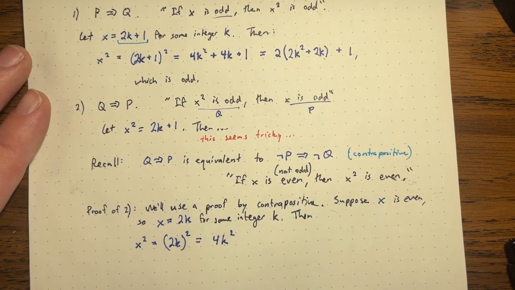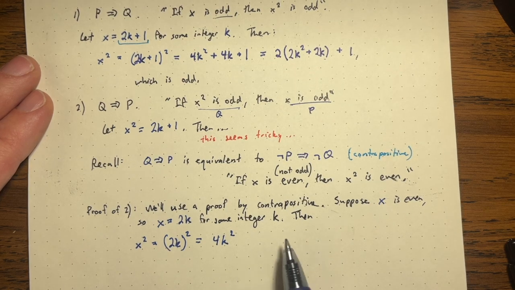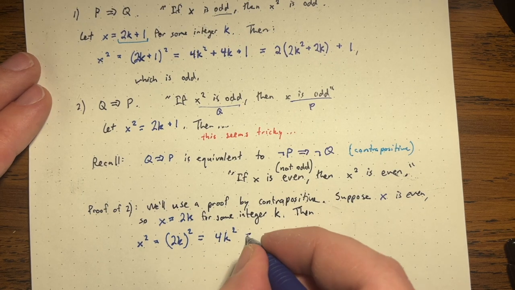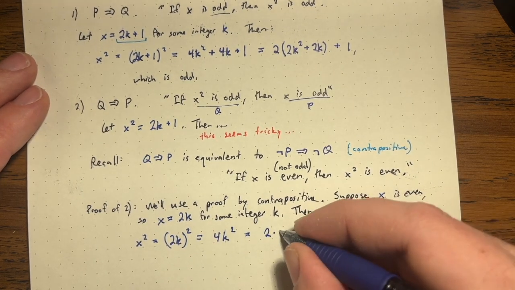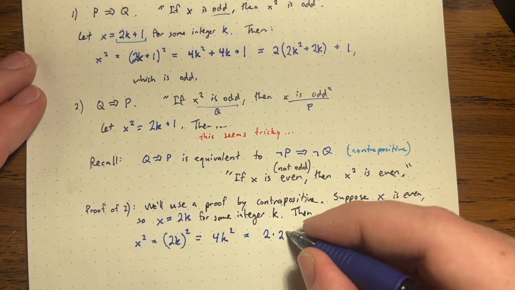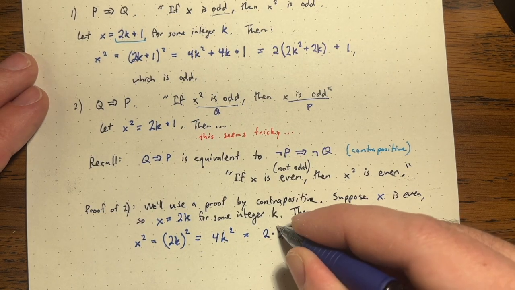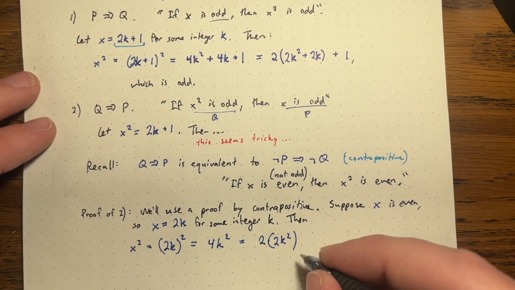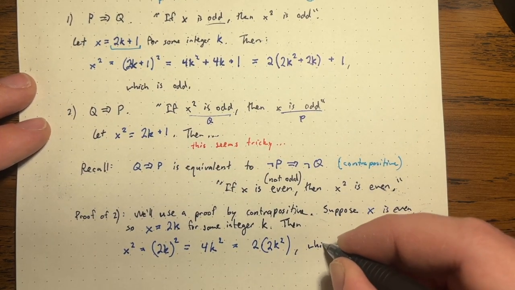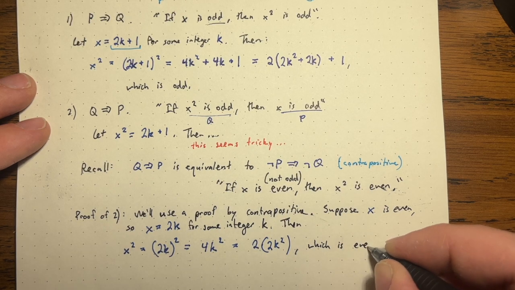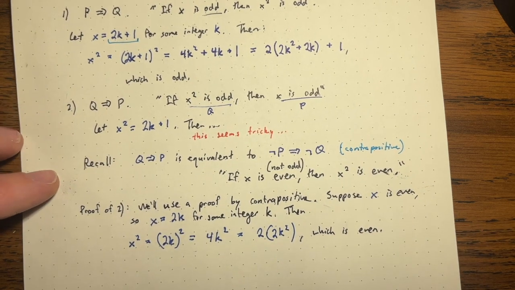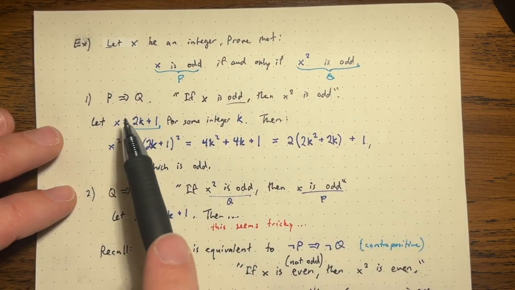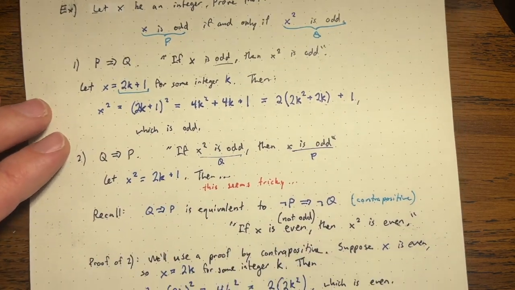Now I want to show that this thing is even. Well, that is 2 times an integer. Better yet, it's 4 times an integer, but it's also 2 times an integer. I'm just making it super clear. So this is 2 times an integer, which is even. Okay. Great.